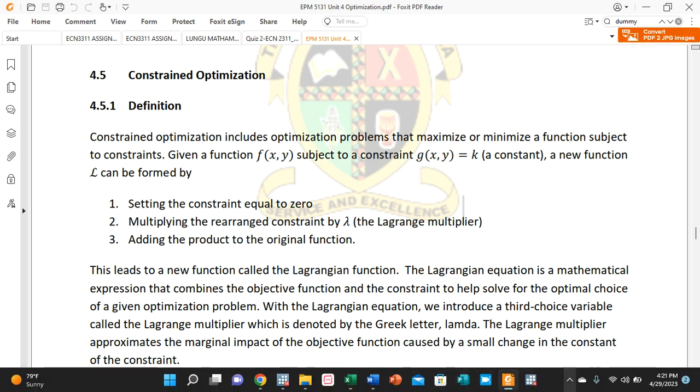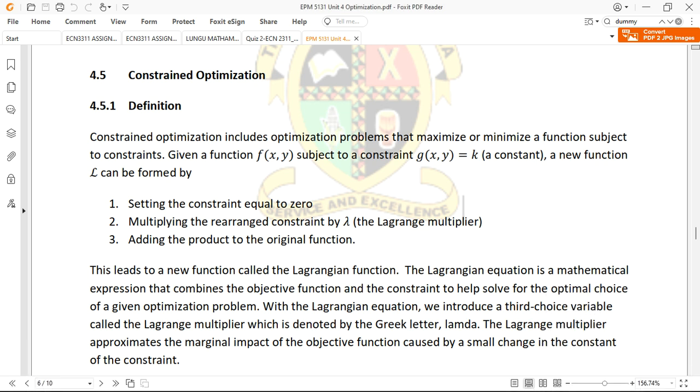Yes. So basically this is what we really face in real life situations. We call this constraint optimization. Really, the goal is the same. We want to maximize a given function, but now we want to do this given that we have a constraint.